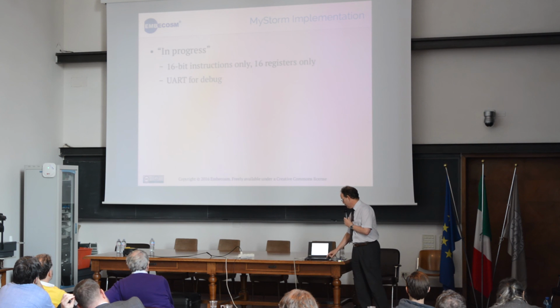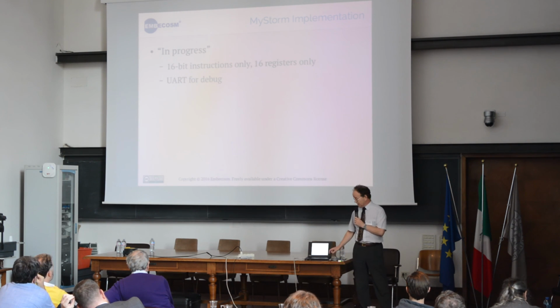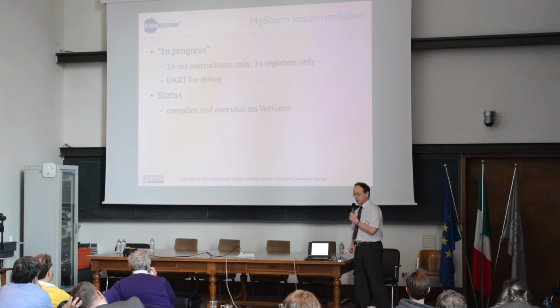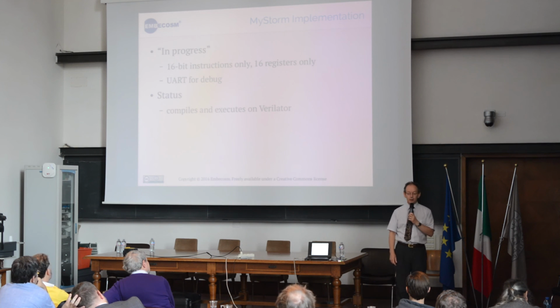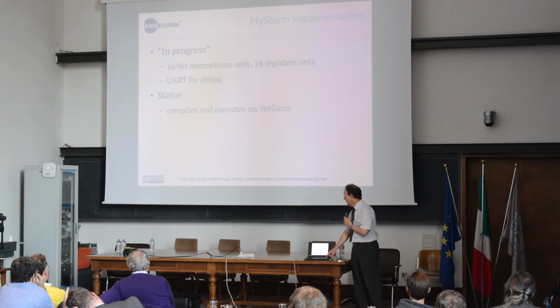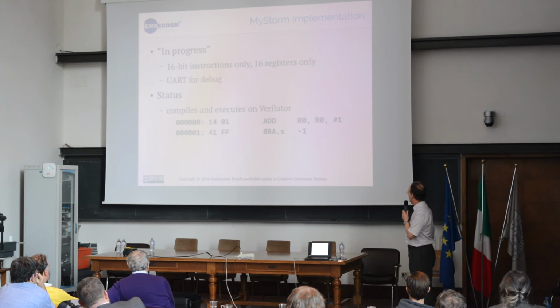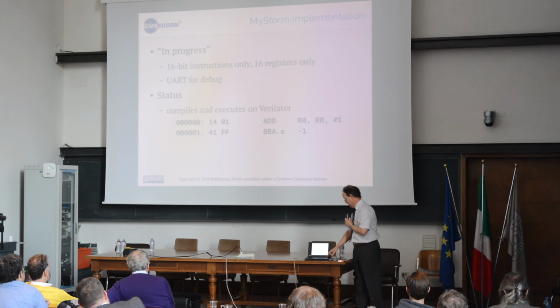So it's in progress. It's 16-bit instructions only. It's only got 16 registers at the moment because I can't fit them all on. The status is it compiles and executes on Verilator. And the compiler generated this program for me, which adds 1 to R0 and sits in a loop.